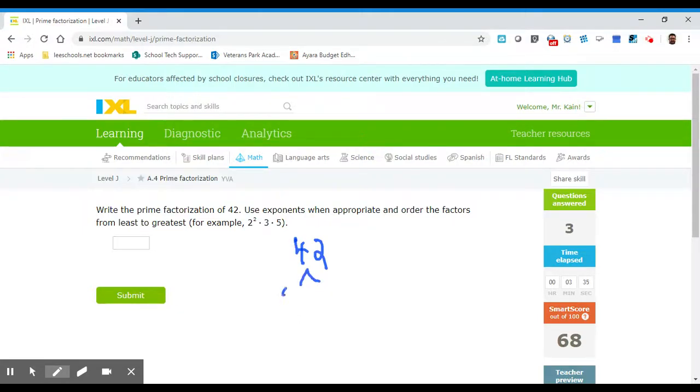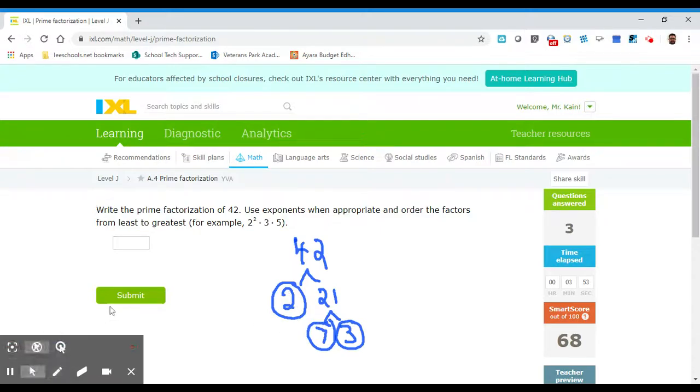Well, let's just use 2 times 21. 2 is prime. And 7 and 3 give you 21. Now, since you can't split these numbers anymore, these are called the prime factors, and we're going to put them least to greatest, separated by multiplication, and you're good.